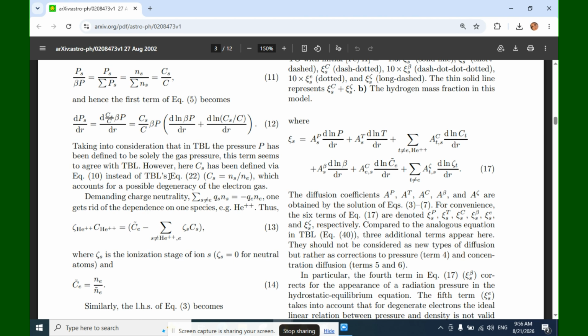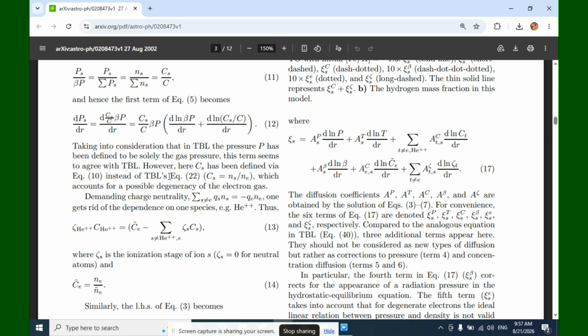For convenience, the six terms of equation 17 are denoted zeta s to the power of P, zeta s to the power of T, zeta s to the power of C, zeta s to the power of beta, zeta s to the power of e and zeta s to the power of zeta respectively. Compared to the analogous equation in TBL, equation 43, additional terms appear here.